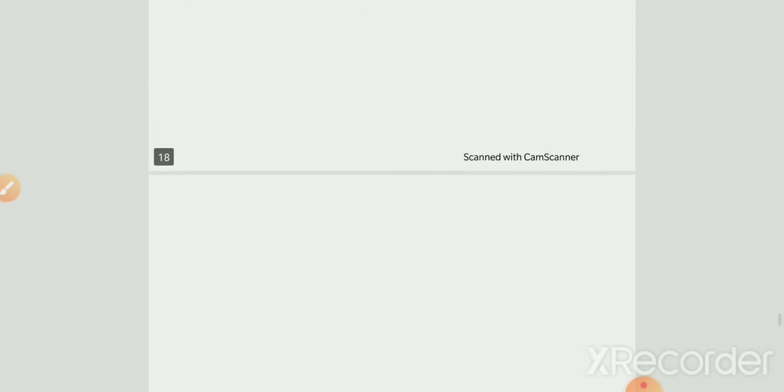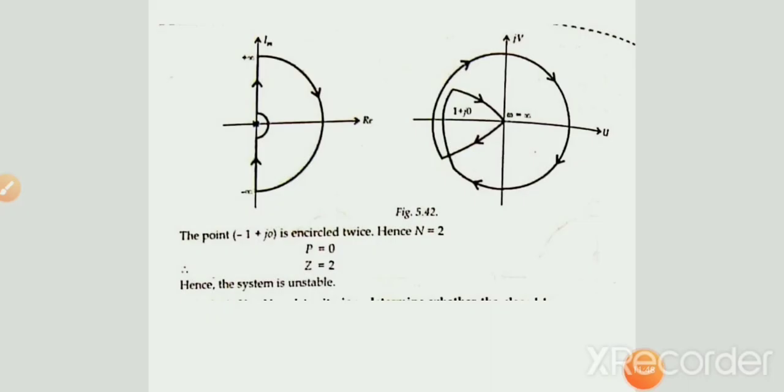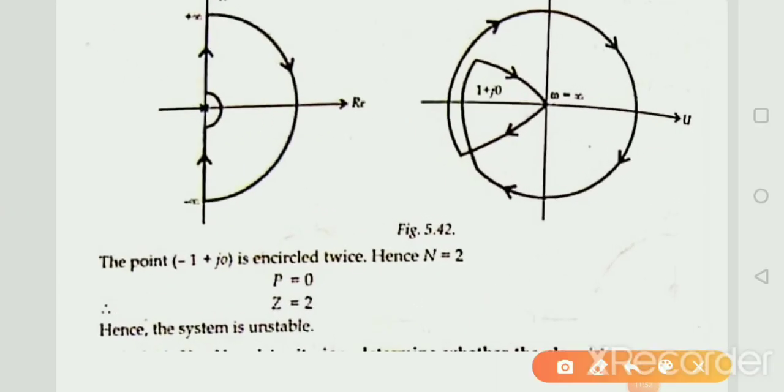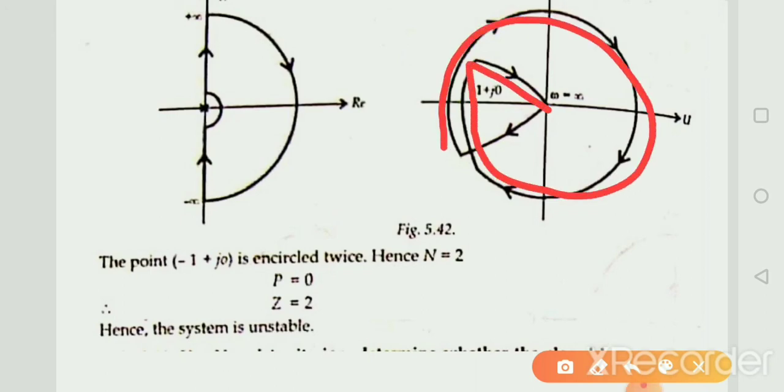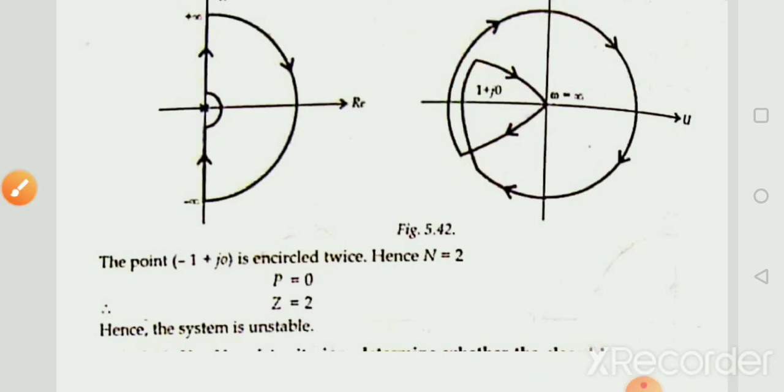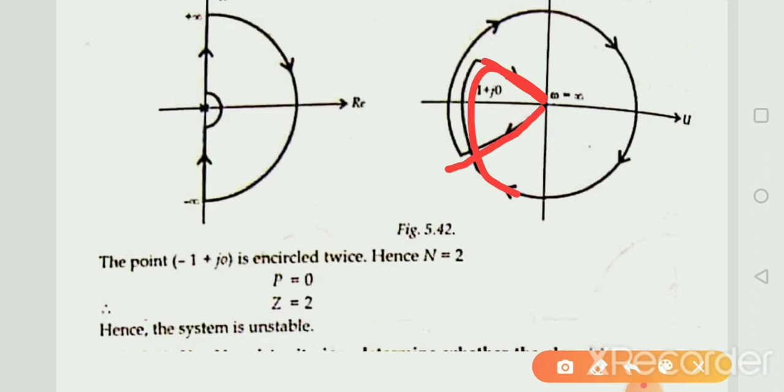Now if we have a polar plot like that, at first we make the mirror image, it is this, and now we make a closed path.